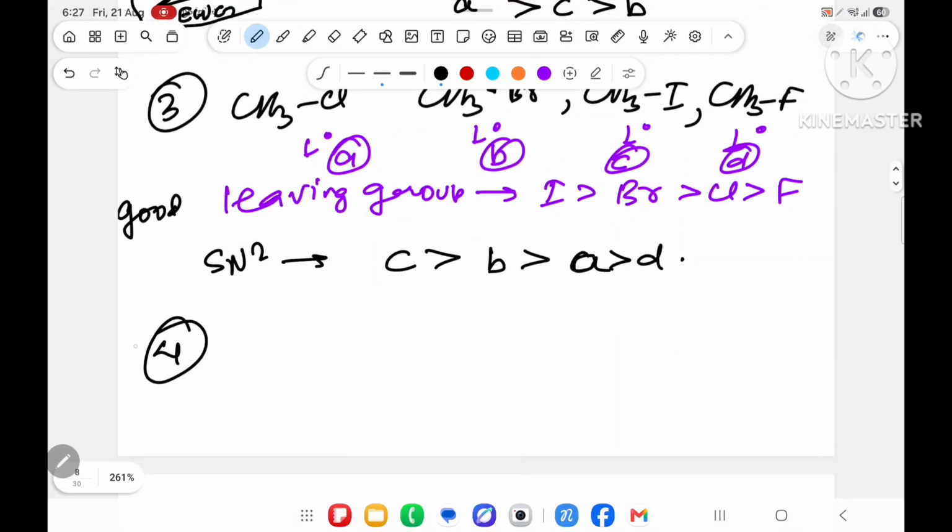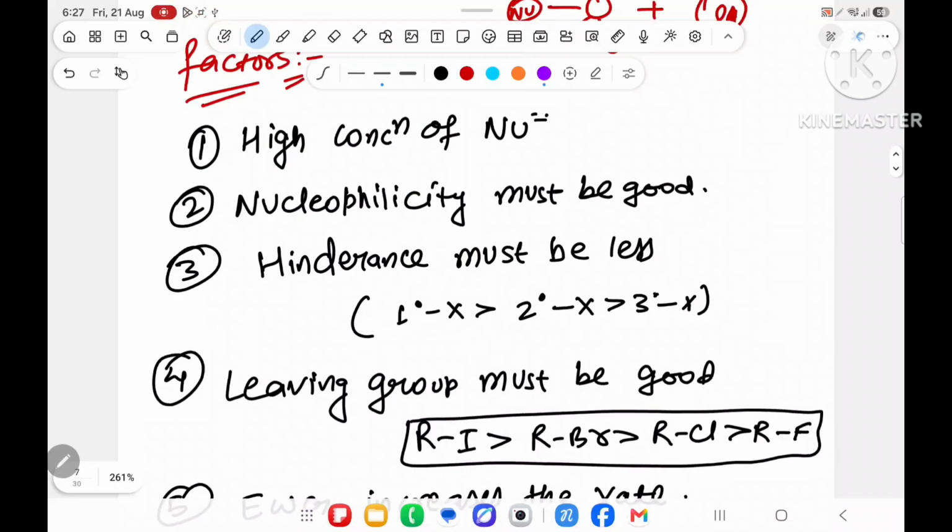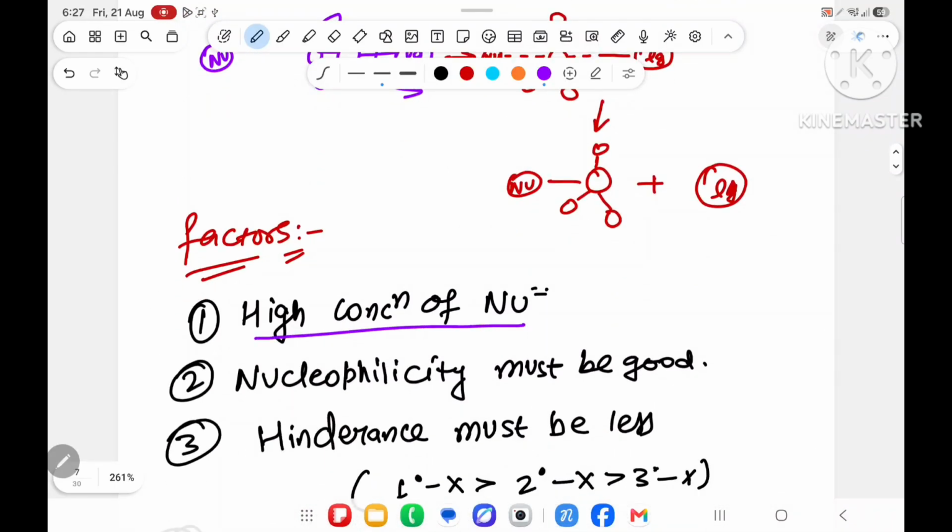Suppose I have taken a fourth example like this: we have NaOH, NaOH, NaOH, or NaSH. Take one NaSH, suppose. Now I will say it is 1 molarity, it is 2 molarity, and it is also 2 molarity. So first you will say high concentration of nucleophile is required.